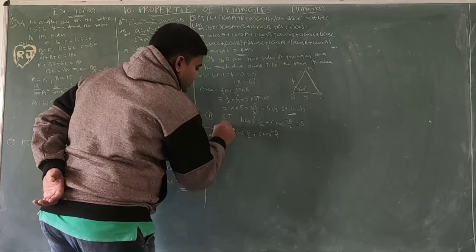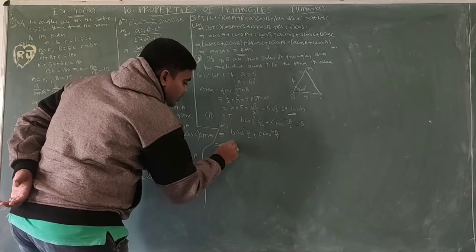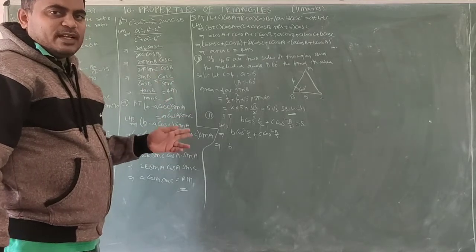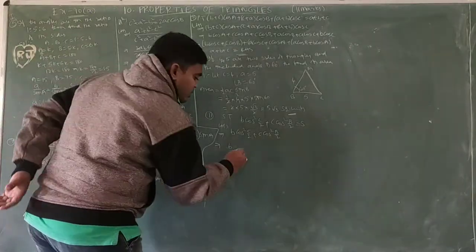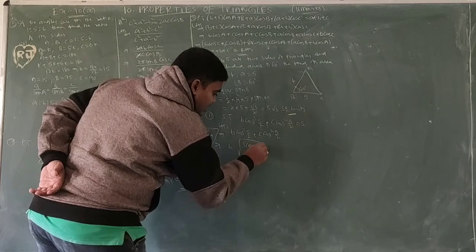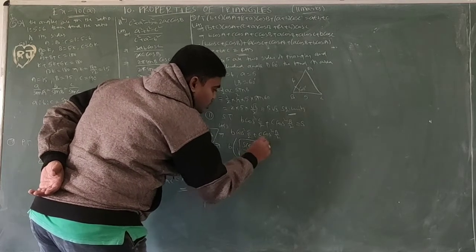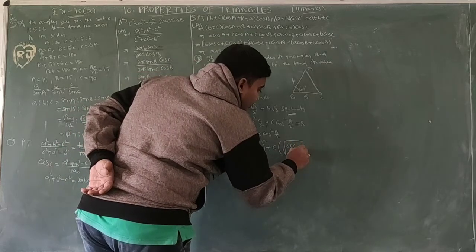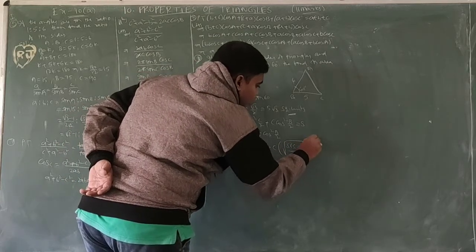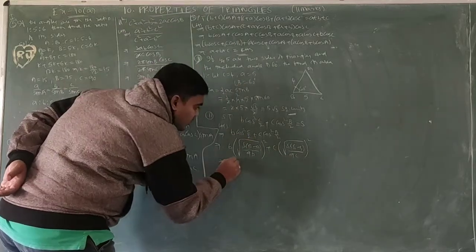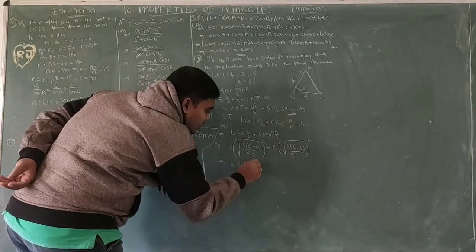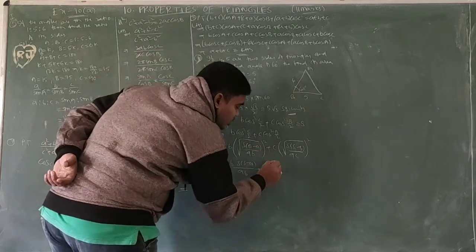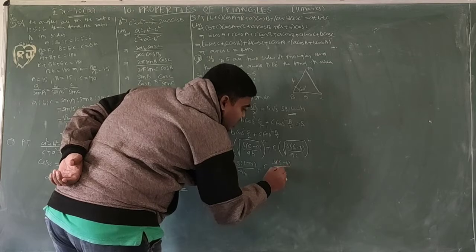So LHS: b into, what is the formula? Under root of s(s minus c) by ab, whole square, plus c into under root of s(s minus b) by ac, whole square. Square root getting cancelled. b into s(s minus a) by ab plus c into s(s minus b) by ac.